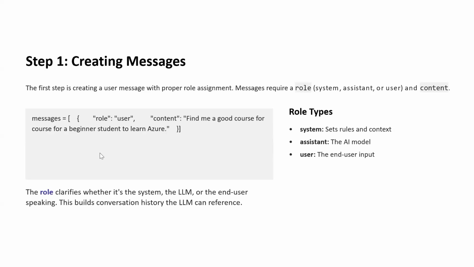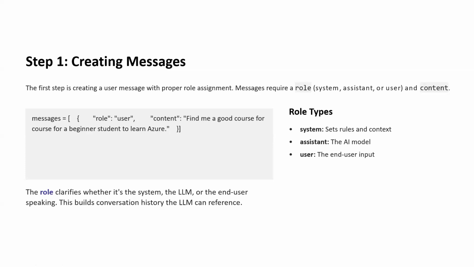On our screen currently we have message role user, which refers to us, the user, the developer, and the content refers to what we want to ask our model: find me a good course for beginner students to learn Azure, right? This current setup just shows us this is for the user. This is if the user is talking, right?